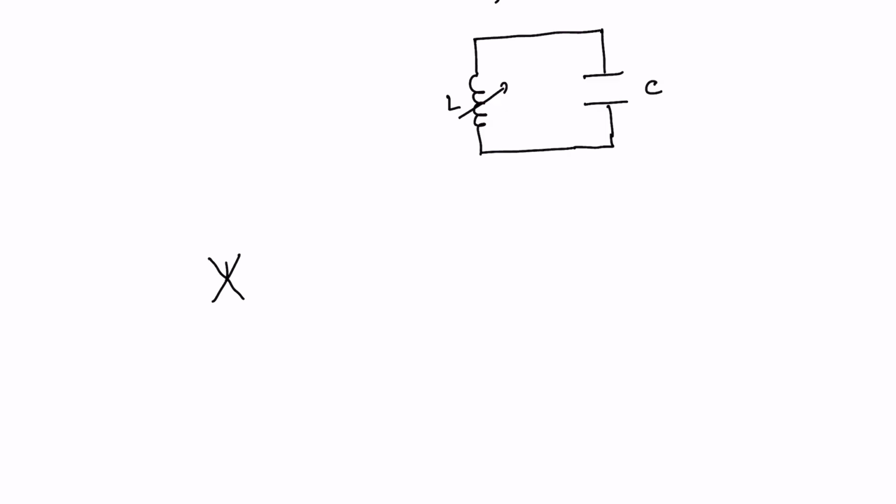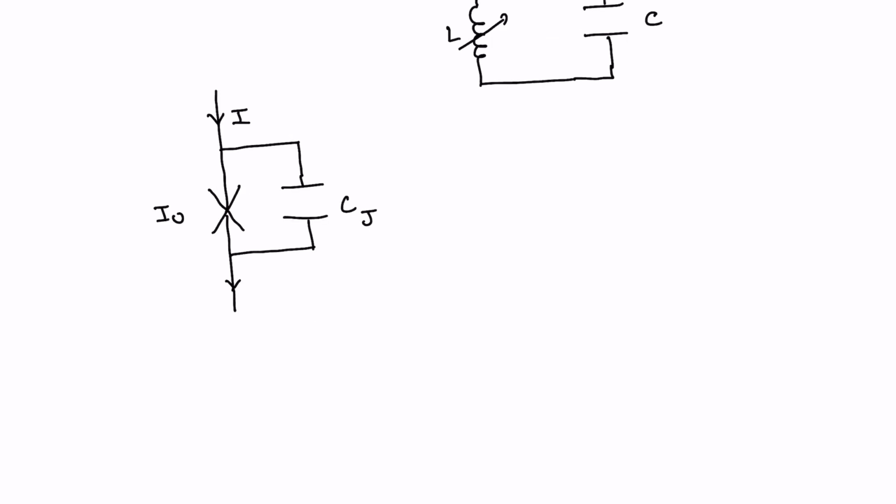In fact, it goes like this. So here you have a current passing through this junction, and the maximum current that can pass through this junction is the critical current I0, and the Josephson junction has an intrinsic capacitance, denoted by say Cj. Okay, and this is the symbol for the Josephson junction.